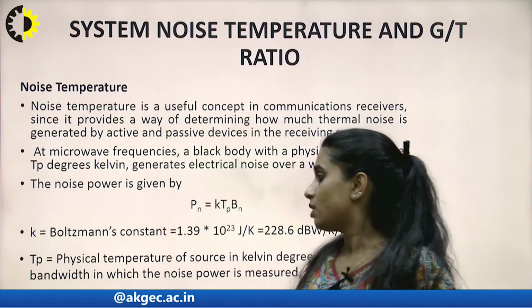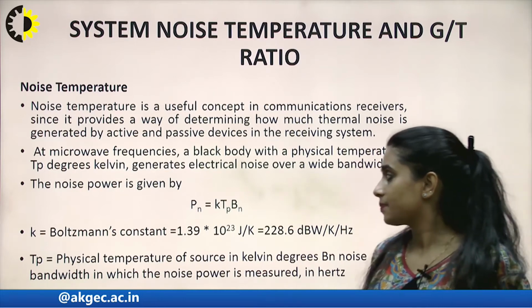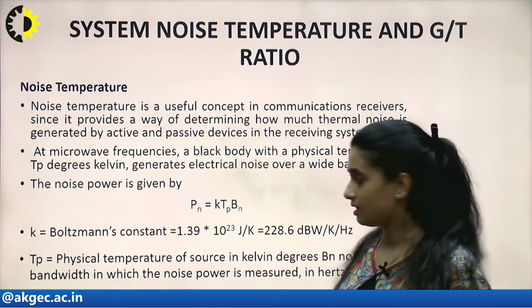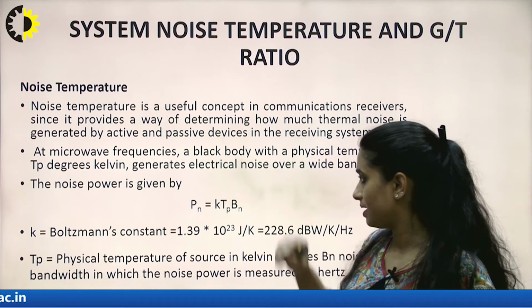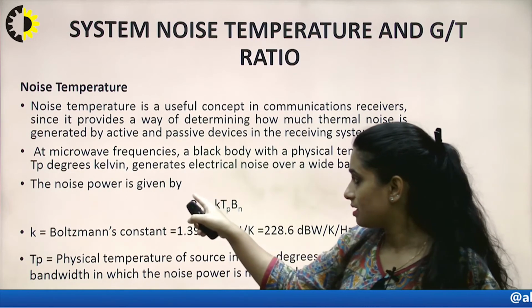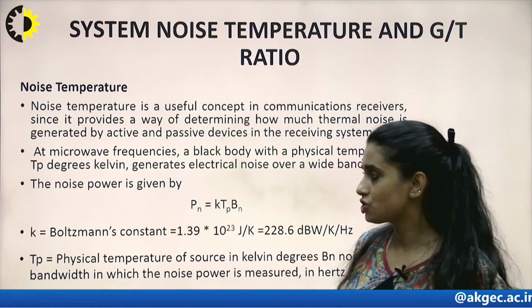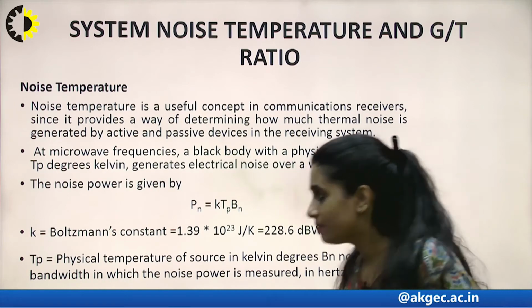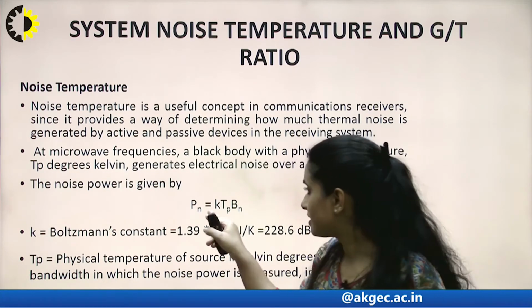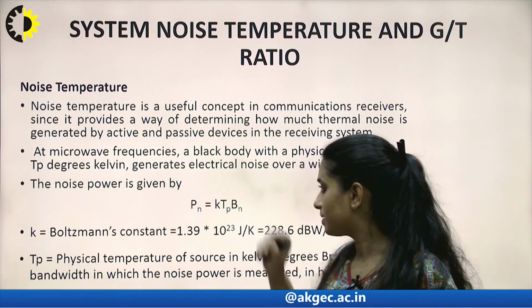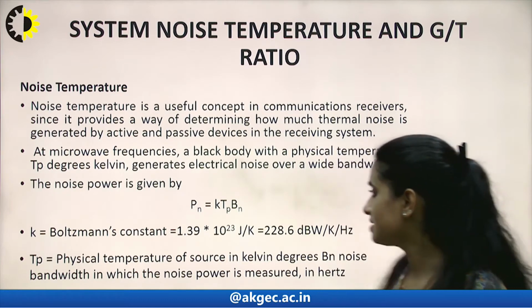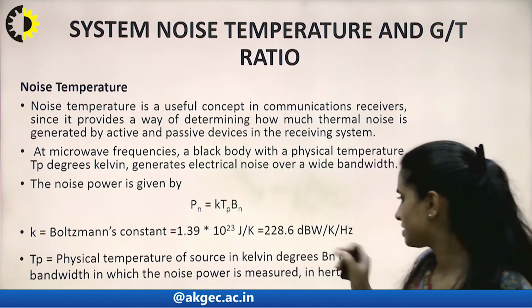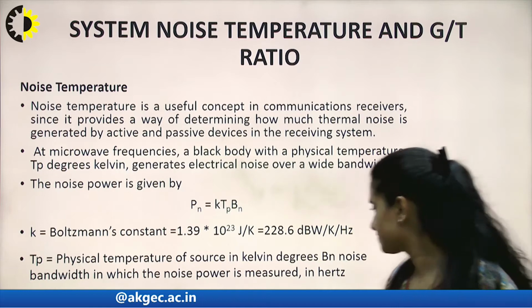The noise power can be given by Pn equals K Tp Bn. How much noise is generated depends on the temperature Tp, the physical temperature of the source in Kelvin.